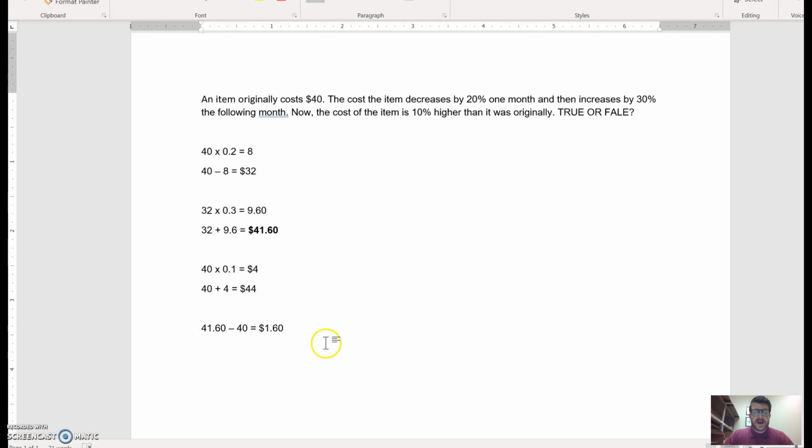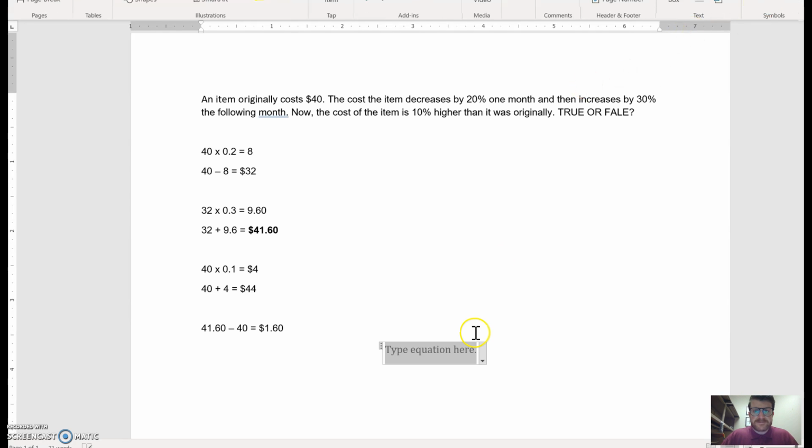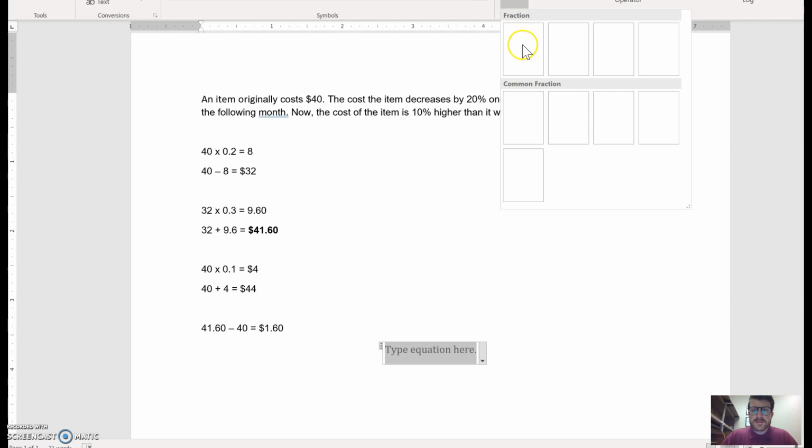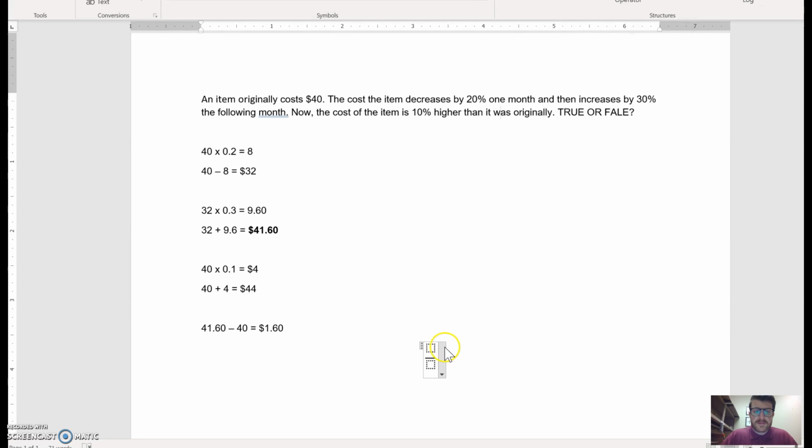Now you have to divide the $1.60 to figure out what percent it is. Let me actually just use the fraction function here. $1.60 over the original $40.